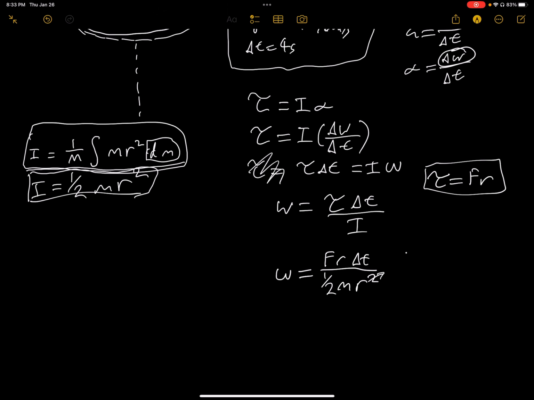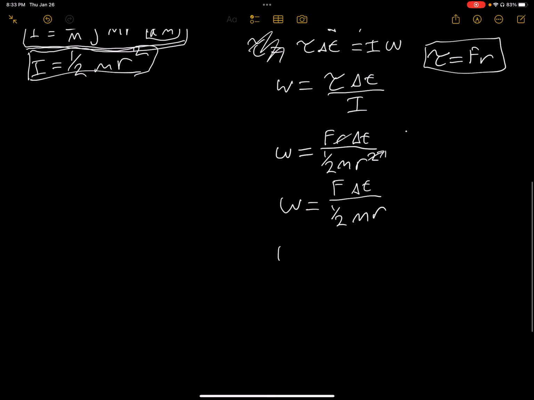Oh boy, look at that. The r's cancel, and so we get omega equals force delta t over 1/2 mr, which is, once again, the same as 2 force delta t over mr.